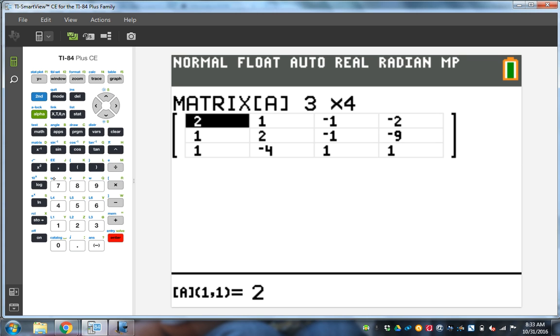I usually enter them by rows because that's the direction your matrix goes. And then when I go back to check, I check by columns. So like 2, 1, 1 based on my equations, and then 1, 2, -4, and then -1, -1, +1. And then the last column is -2, -9, +1. That way, you kind of checked it in both directions. So maybe I catch a sign mistake. That tends to be the reason people miss these. You miss a sign when you're typing it in.